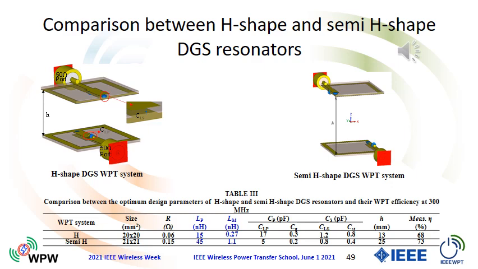The H-shape defected ground structure is composed of two parallel loops. The opposite flow of the current in the H-shape leads to poor coupling performance. Consequently, the efficiency of the semi-H-shape of the same size as the H-shape is better.